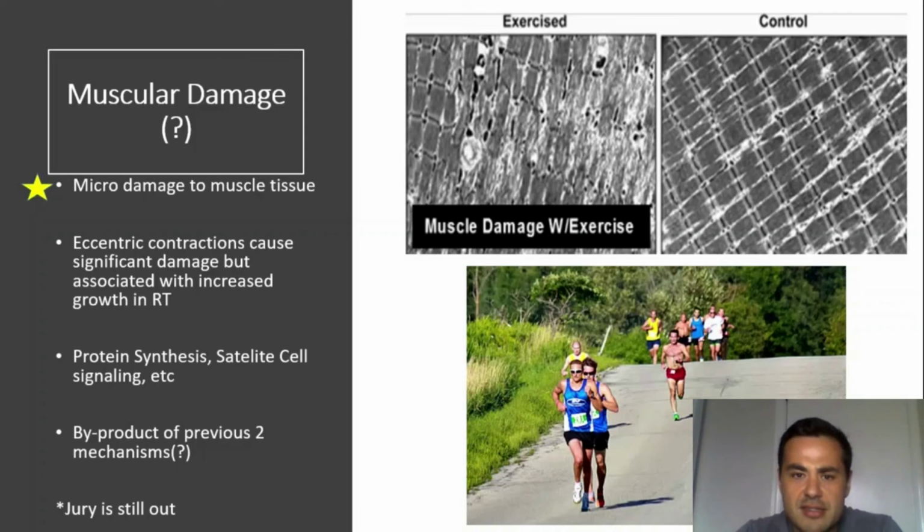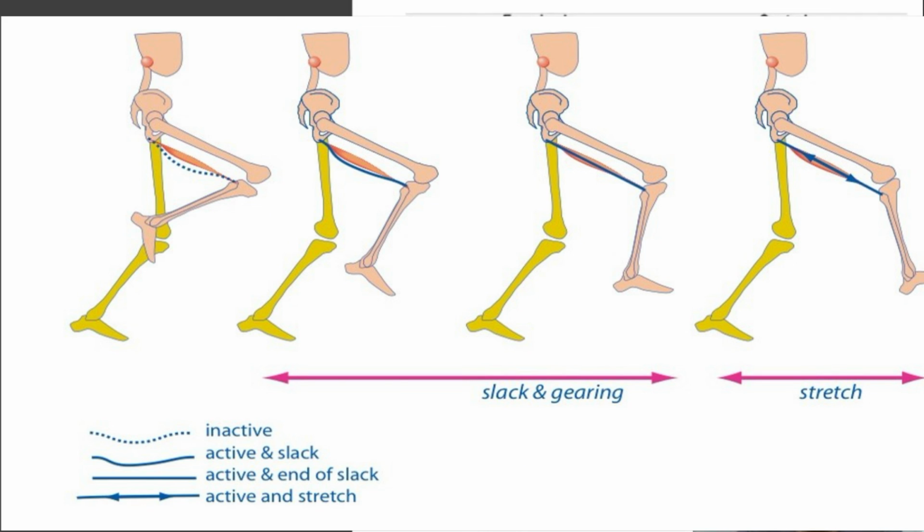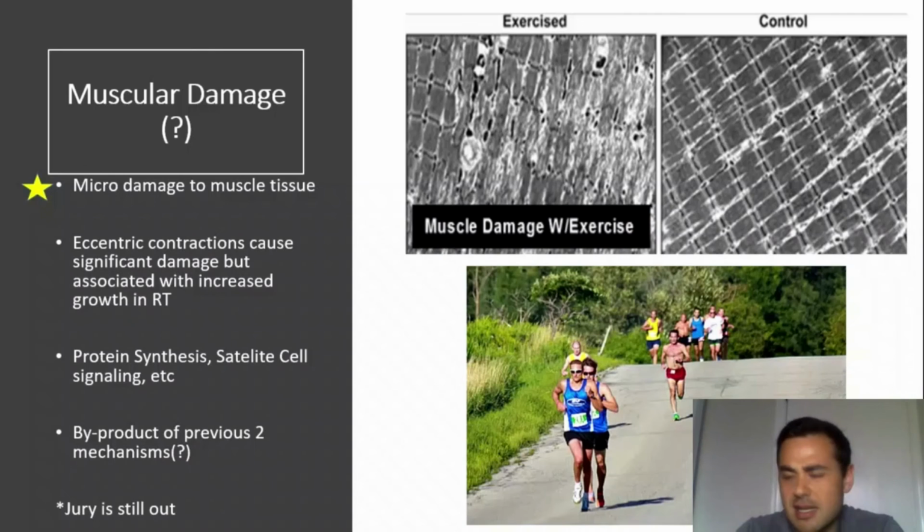But there's also some things that show that there's been a high amount of damage in downhill type running, just because there's a large eccentric portion to the activity. But just because you do a bunch of downhill running doesn't necessarily mean that you're going to get absolutely jacked, right? There's different physiological things that are going on with running versus resistance training.